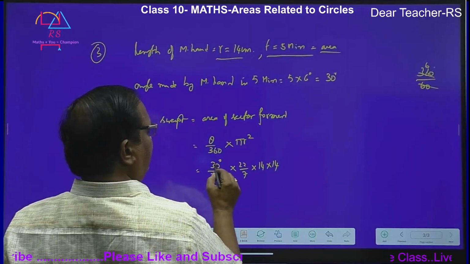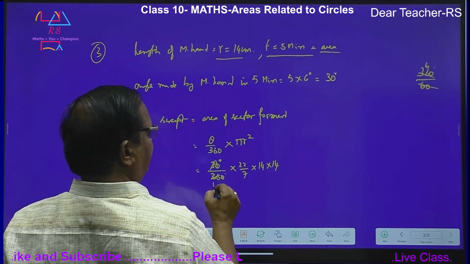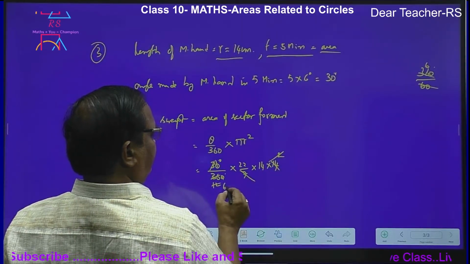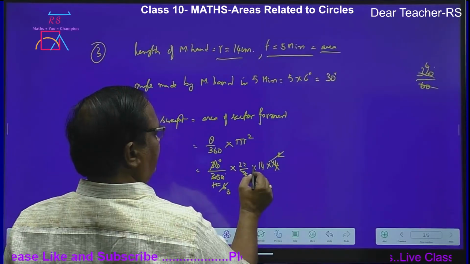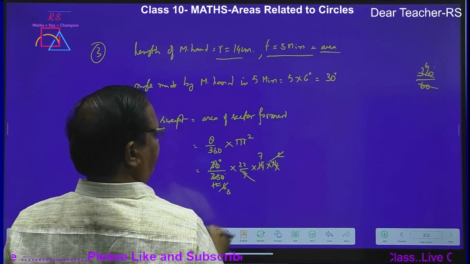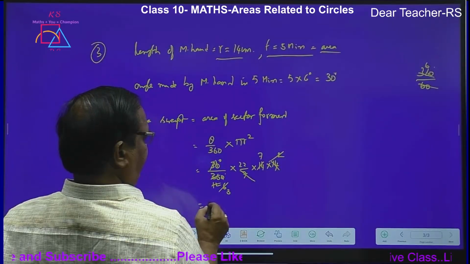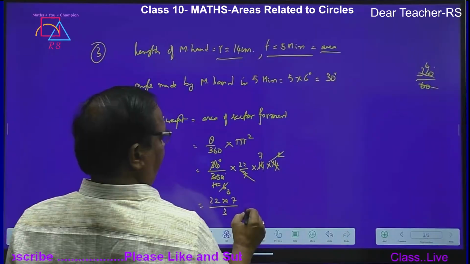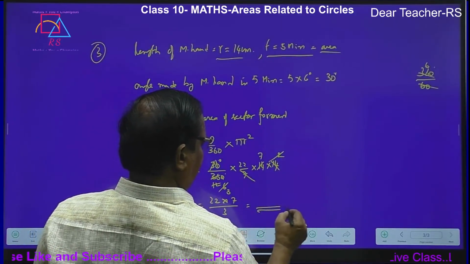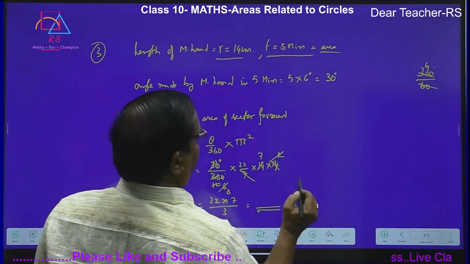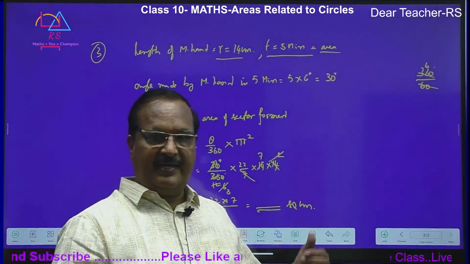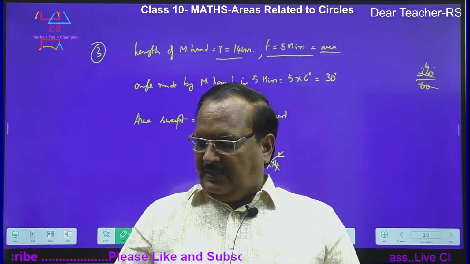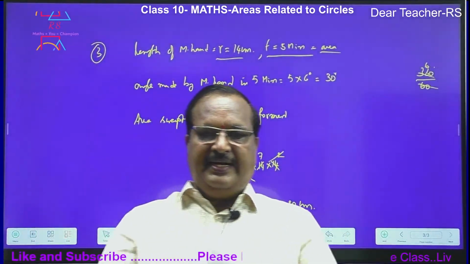Cancelling, this gives 22 into 7 by 3. You put it in square centimeter. I am not writing the final answer, you can do it by yourself. Okay, so this is question number 3.